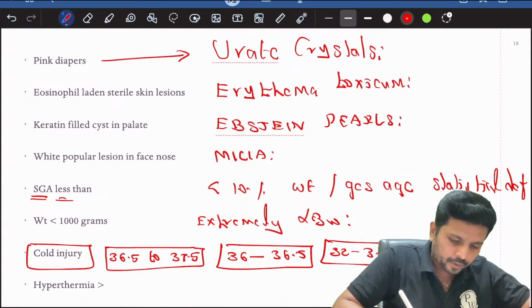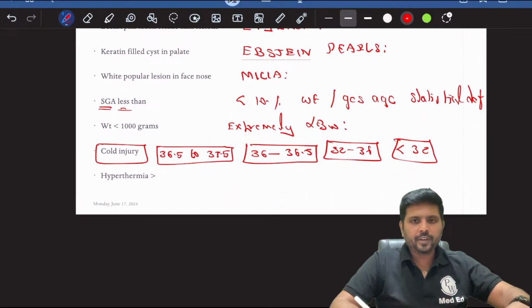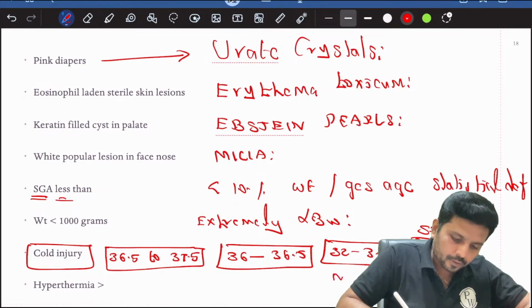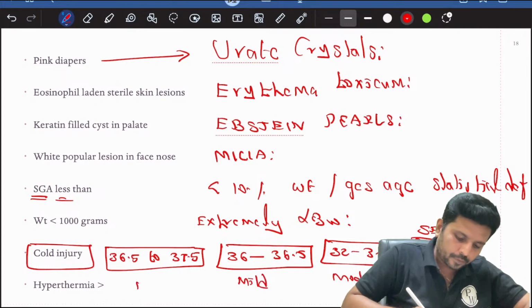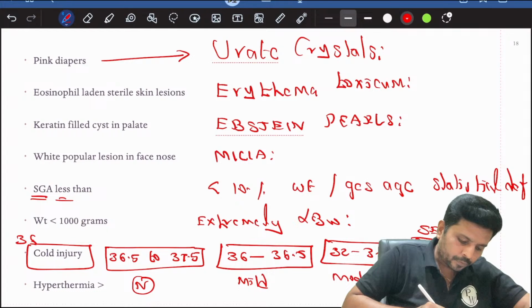Less than 32 degrees Celsius is severe hypothermia. So this is severe, this is moderate, this is mild, this is normal. So cold injury is 36 to 36.5 degree Celsius.